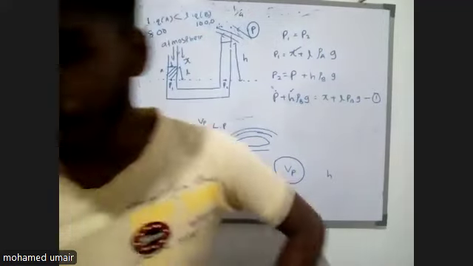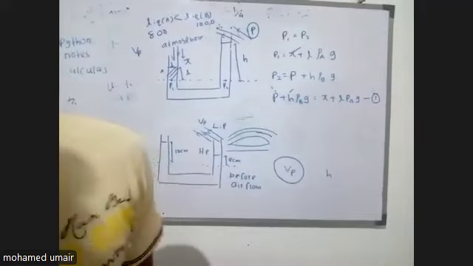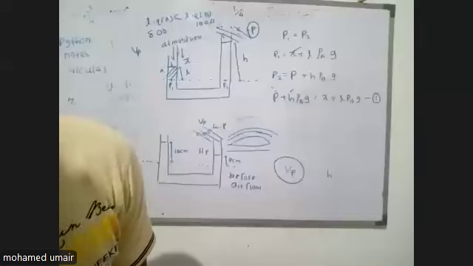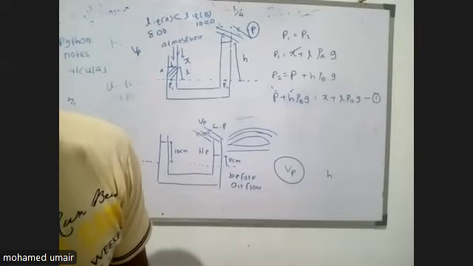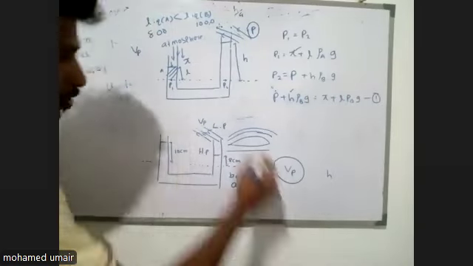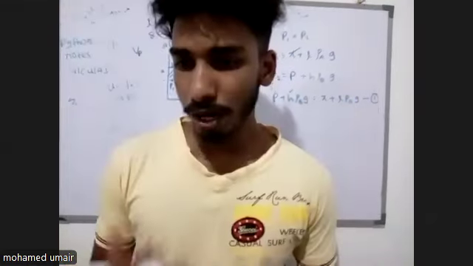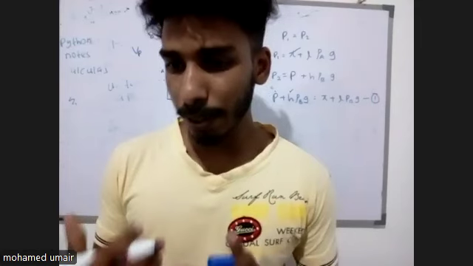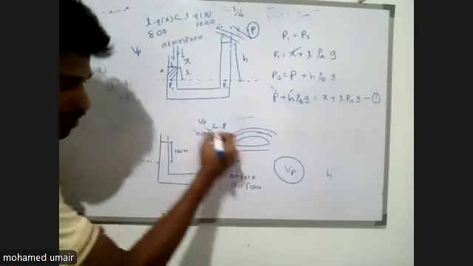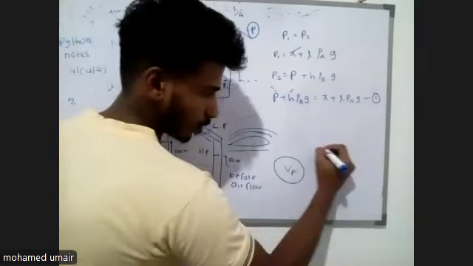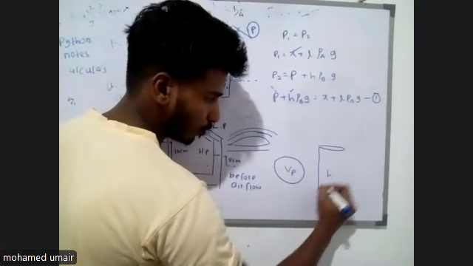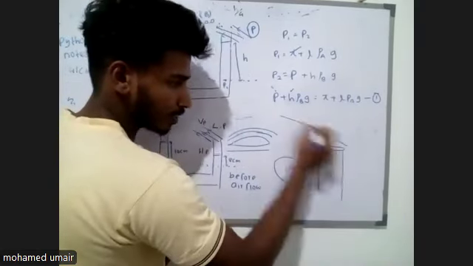Okay, the next one. Now we are requiring an expression between the velocity of air and the height. So I'll just explain what's actually happening here. If I consider one side of the tube, the air is flowing.